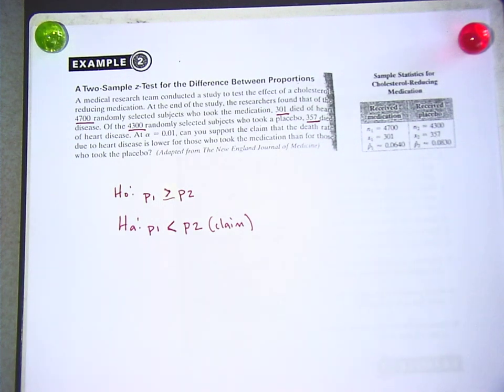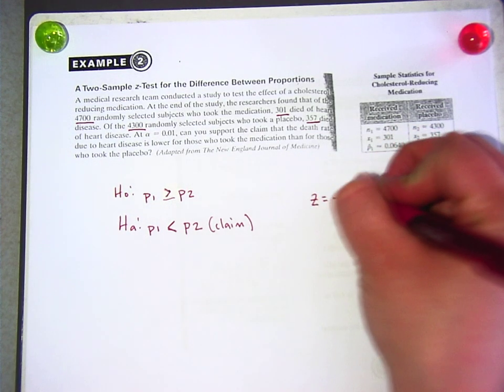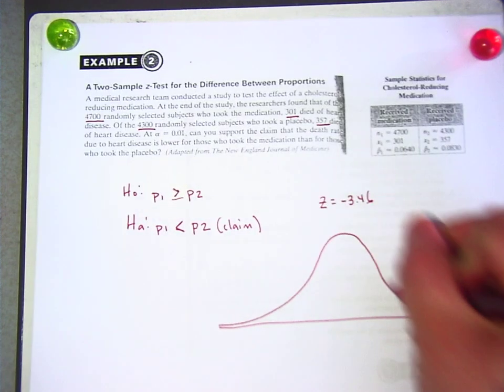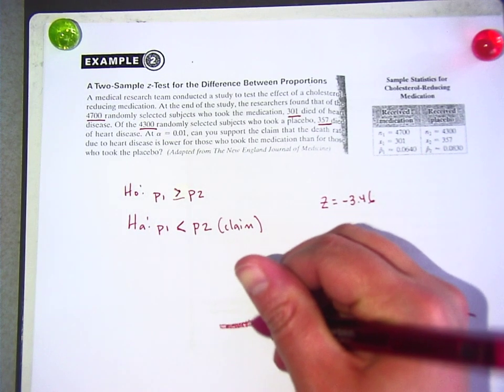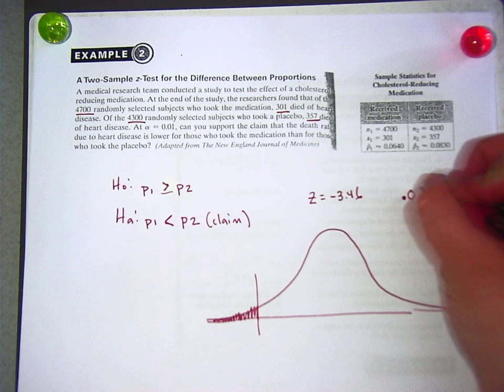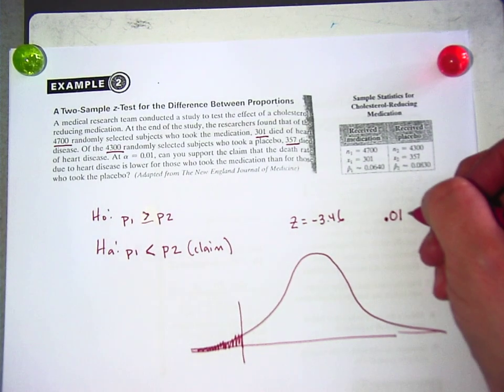You guys get the same thing? Draw a quick little bell curve. This is a left-tailed test. Now, if I don't want to compare z-scores, I could look at the p-value on my calculator. Do you see how it says 3e to the negative 4?